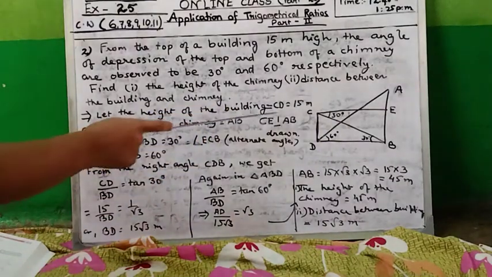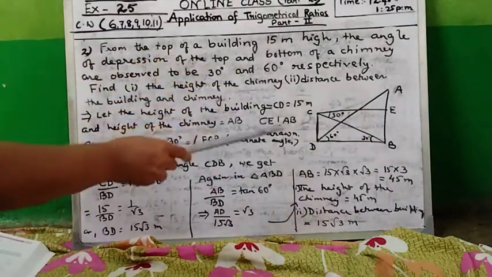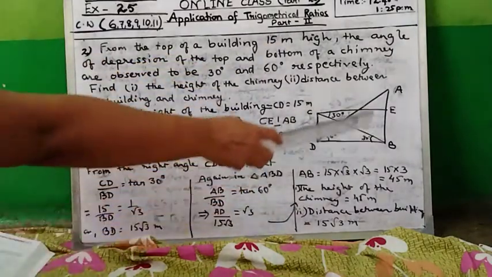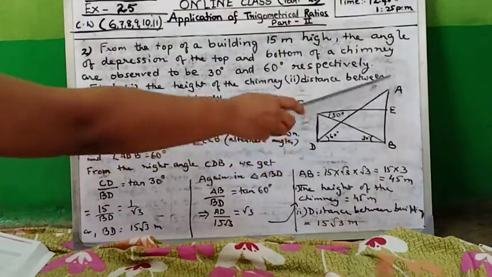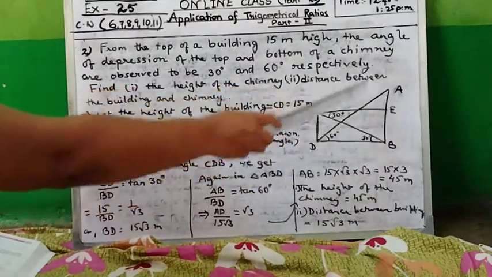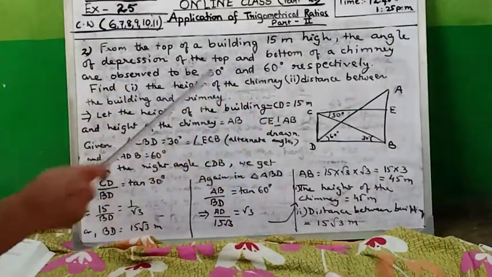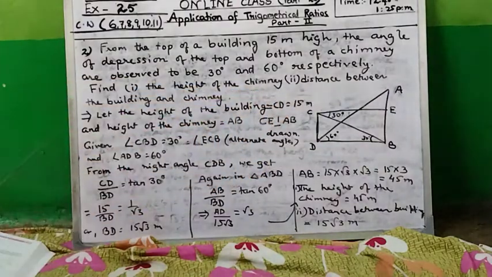Let the height of the building CD, which is given to you, be 15 meter, and the height of the chimney is AB. Obviously the chimney is taller than the building. That's why I can watch the base of the chimney and the top portion of the chimney.